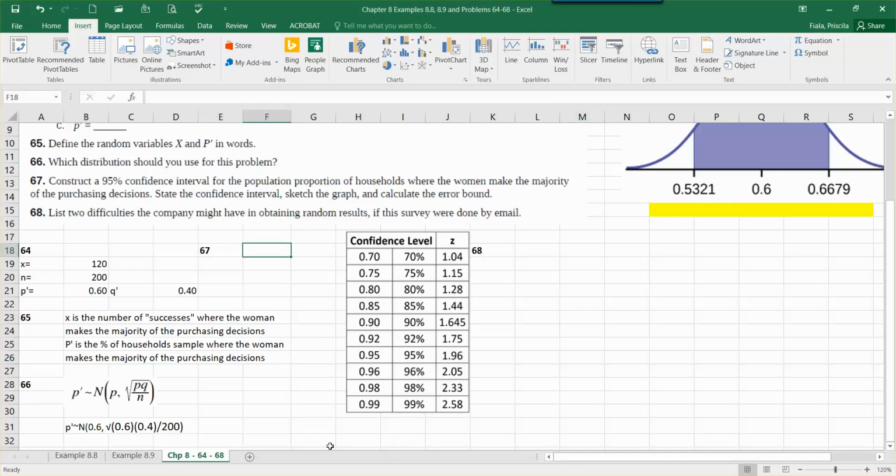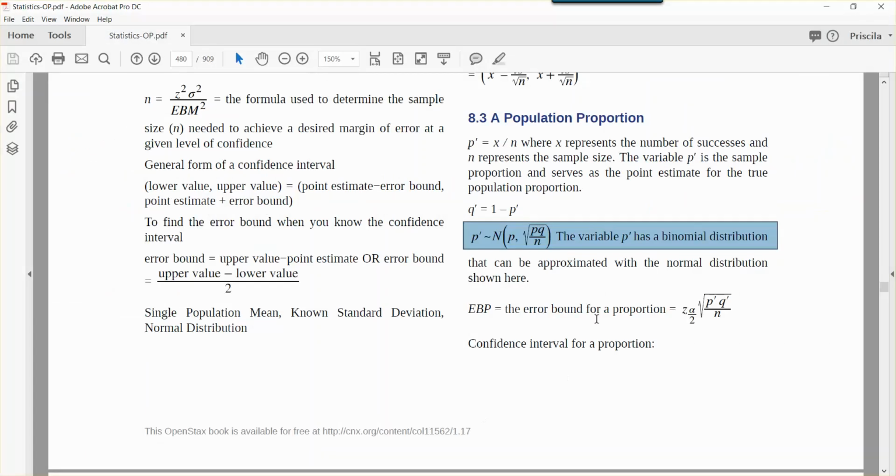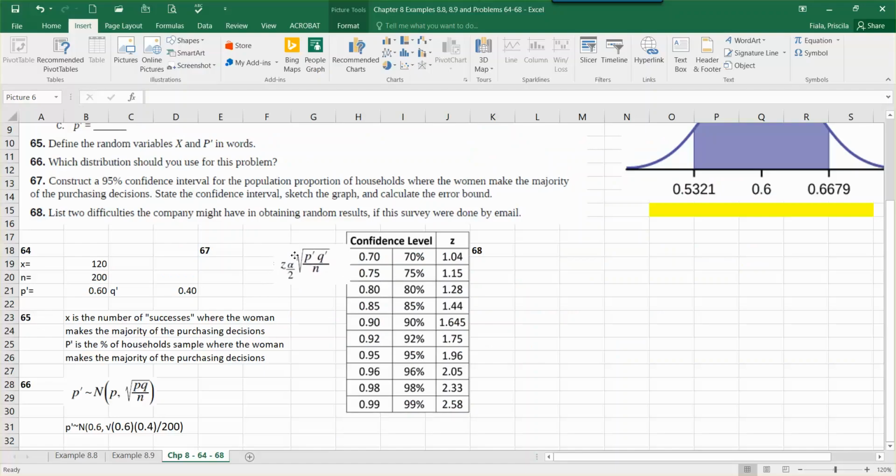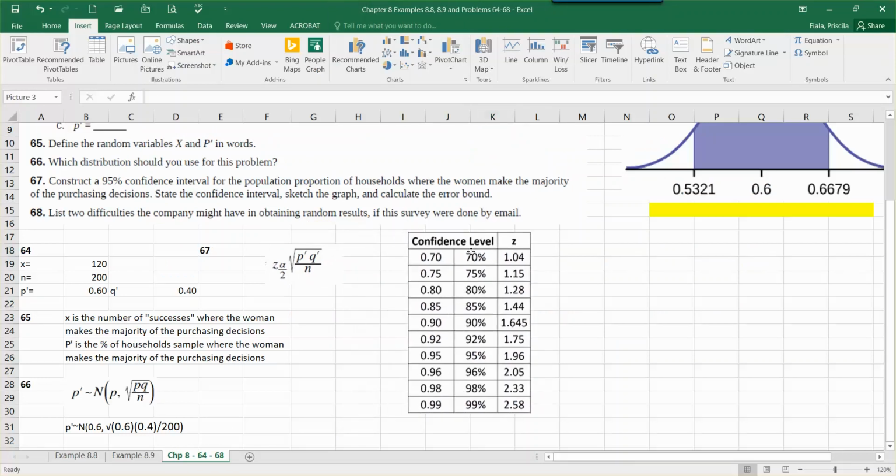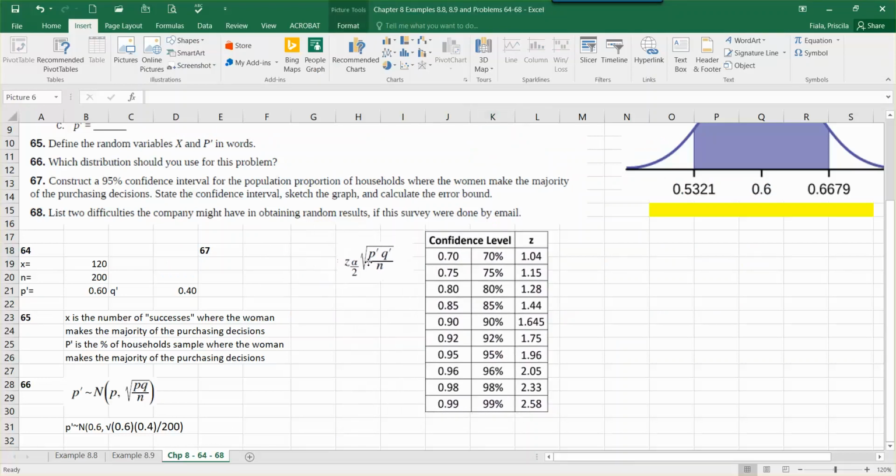Therefore, first, let's go over here and see for the error bound for a proportion, what formula do they use? Let me move this so you can see.